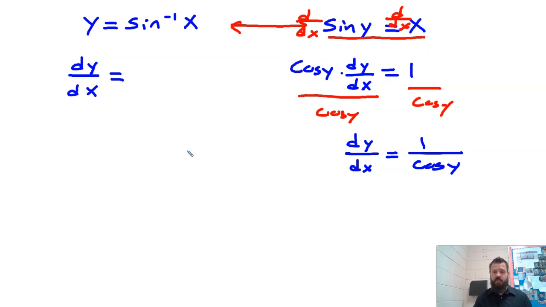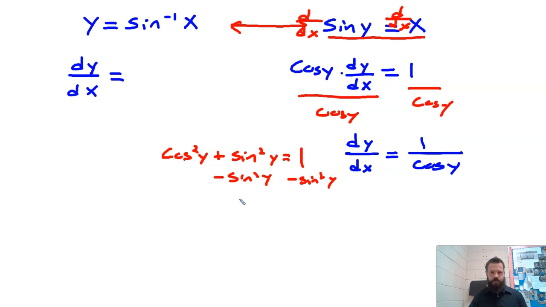I'm going to use a Pythagorean identity: cosine squared y plus sine squared y is equal to 1. That's something that's been proven for you in a pre-calculus class. Let's get this cosine y by itself here. I'm going to subtract sine squared y from both sides, which is going to leave me with cosine squared y is equal to 1 minus sine squared y.